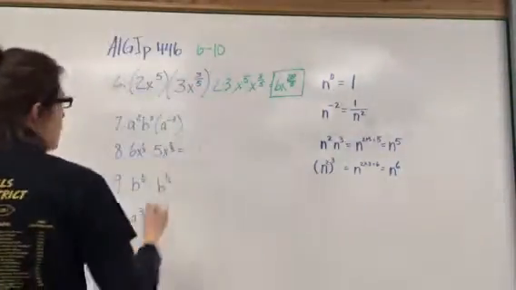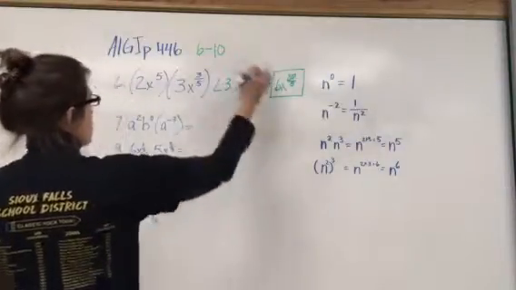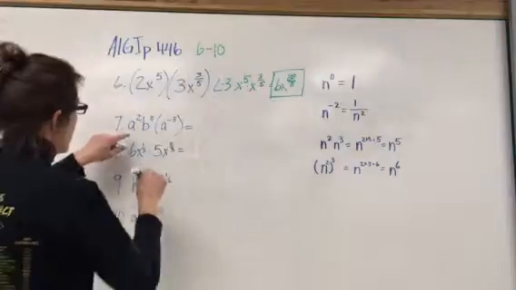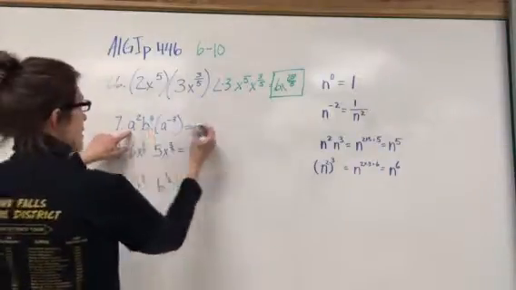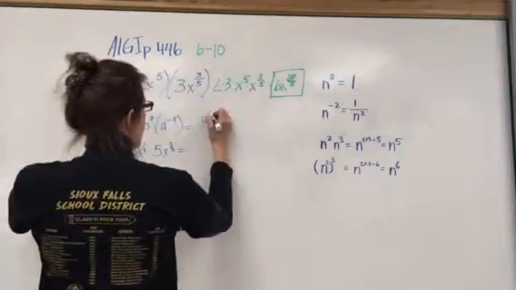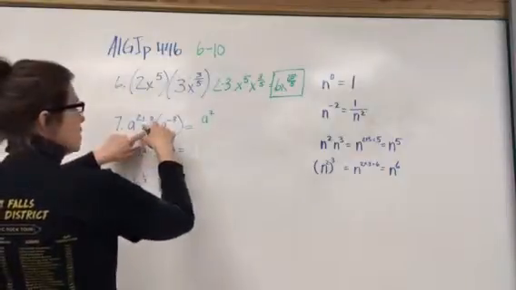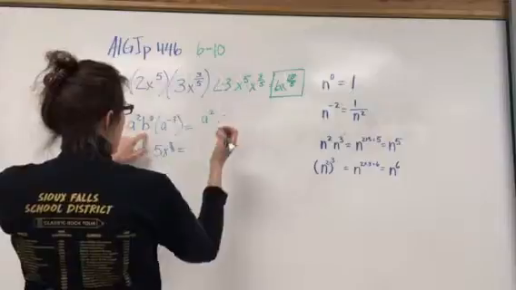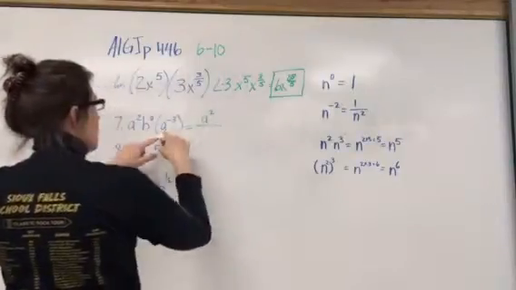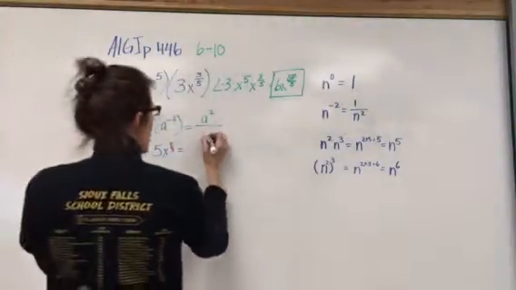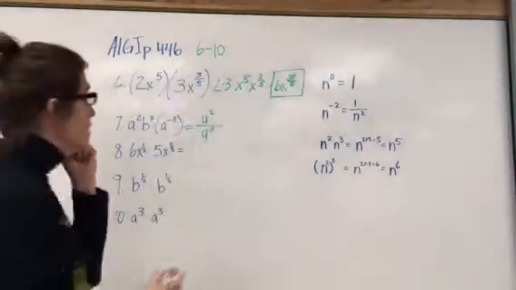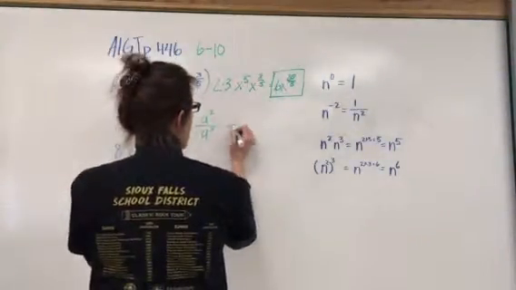All right, next one. That's the hardest one of this group. So the next one, pretty easy in the sense of a2, you just leave that as a2. B to the 0, remember when anything is to the 0, it's 1, so I can just leave that off. The a to the negative 3, I change it by putting it underneath. Well, to simplify that, you just reduce it.